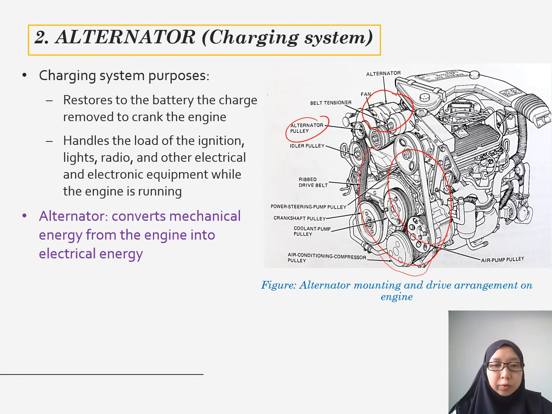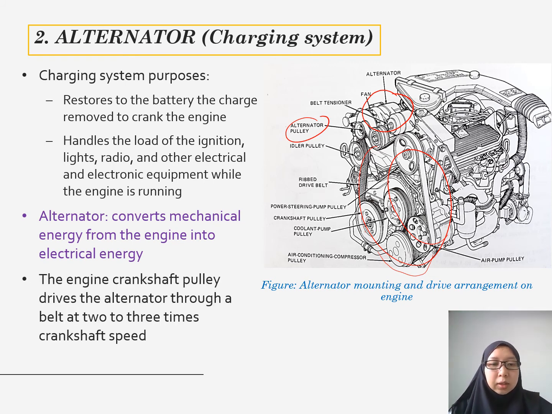The engine crankshaft pulley drives the alternator through a belt at 2 or 3 times the crankshaft speed. So this is the engine crankshaft pulley, located over there.